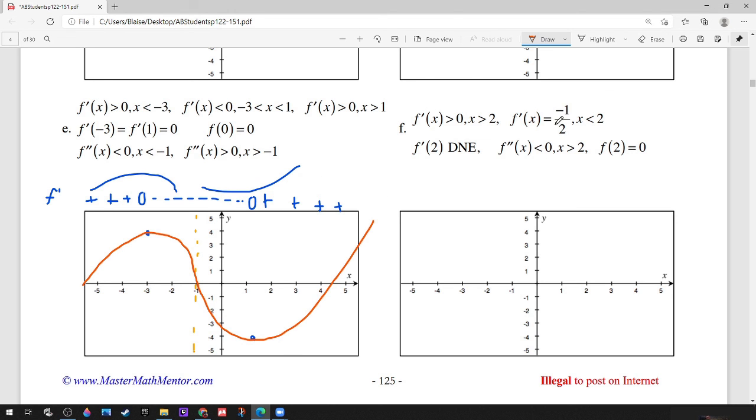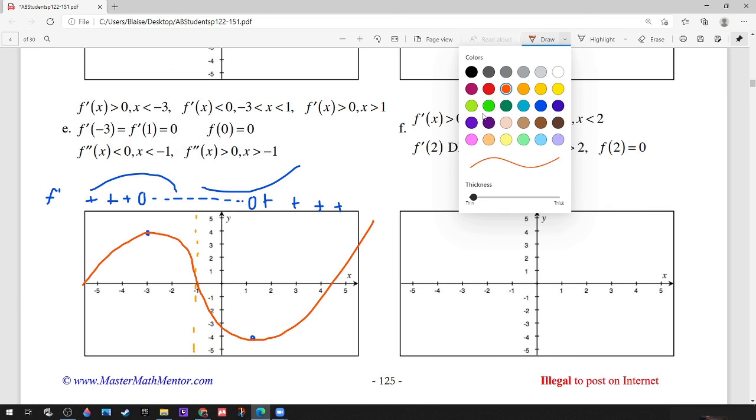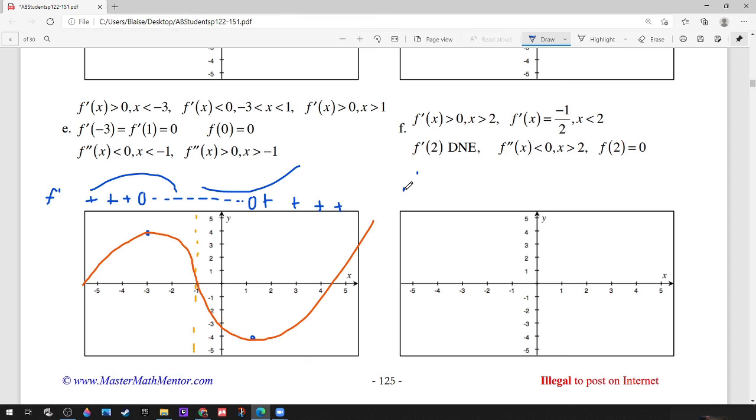All right, and our final round. Let's see. So let's look at f prime. It's positive when we're greater than 2. It's equal to -1/2 when we're less than 2.